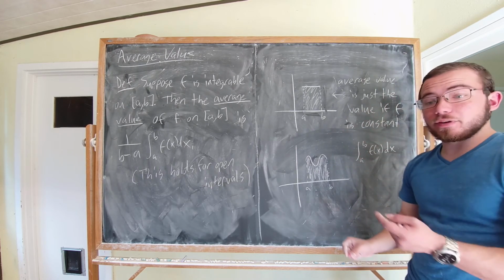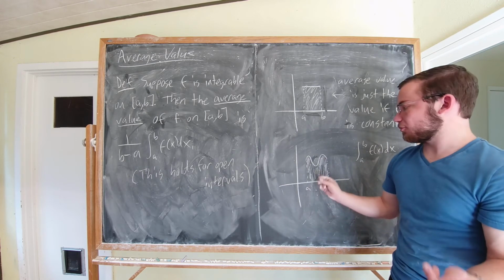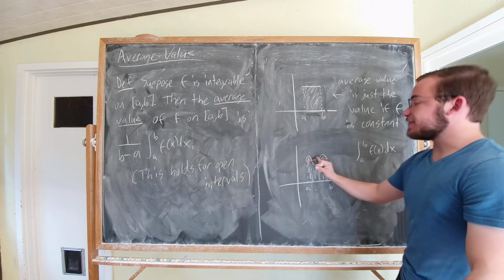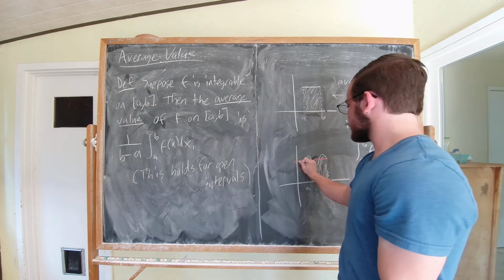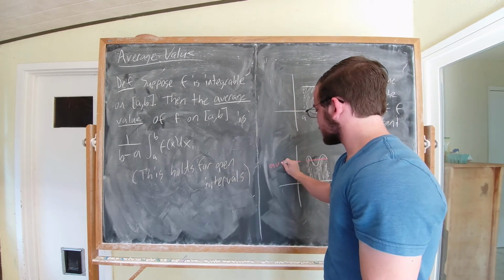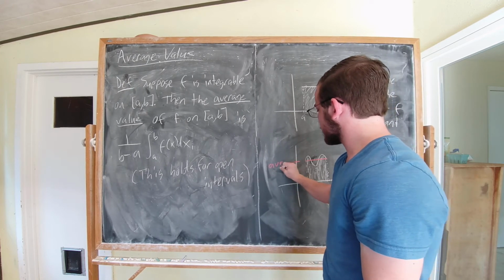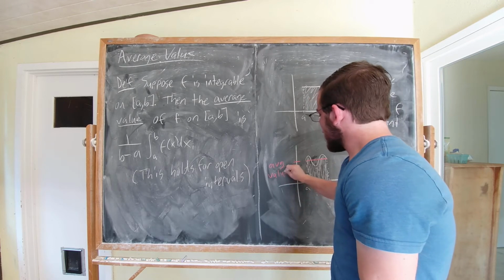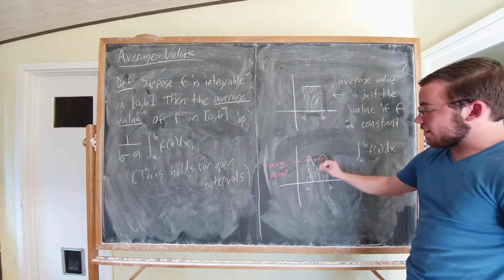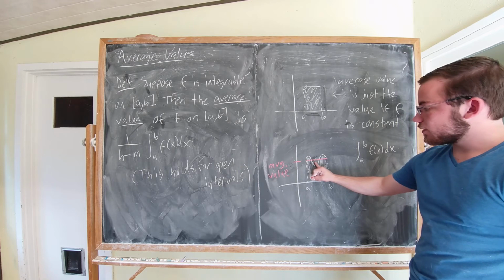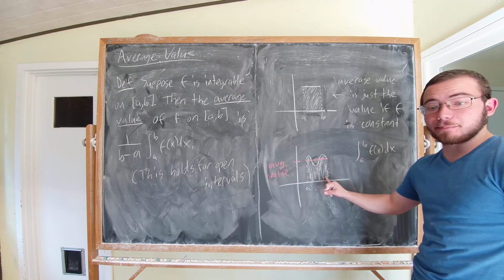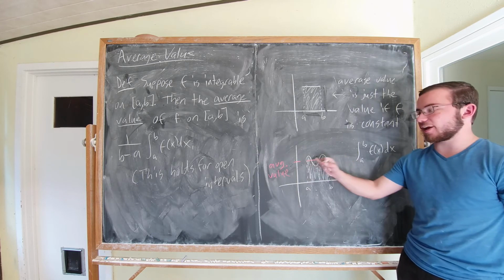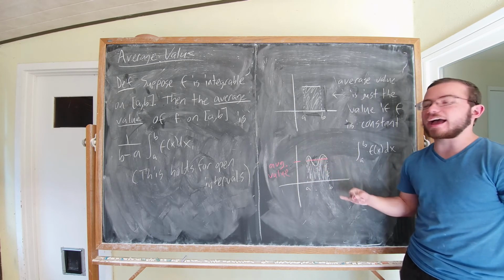What I'm hoping that you can believe without me formally proving is that if you draw a line at the average value of a function, the area that you lose here, that doesn't get picked up by the integral, is the same as the extra area that you pick up above that average.